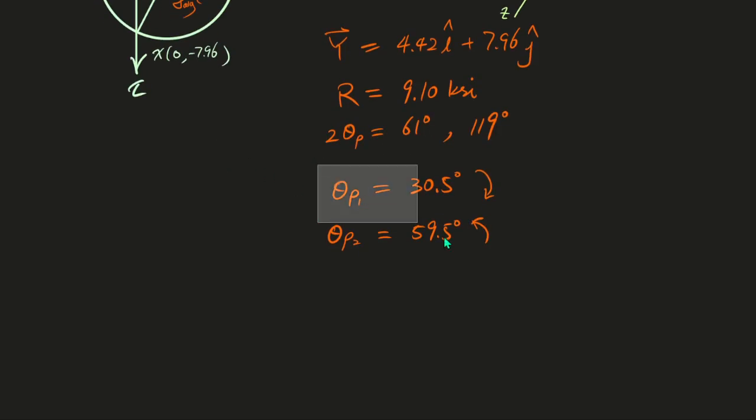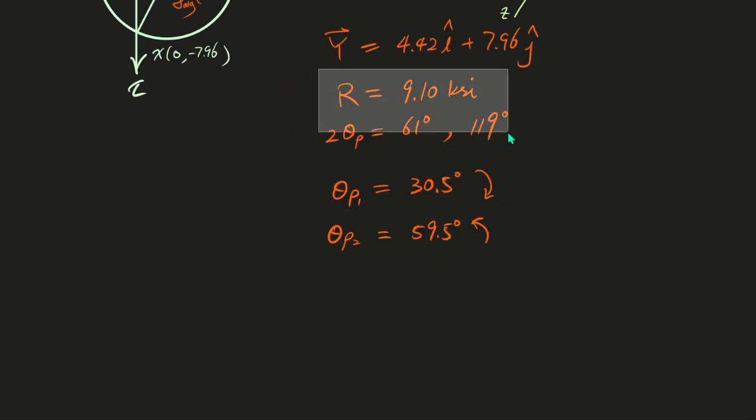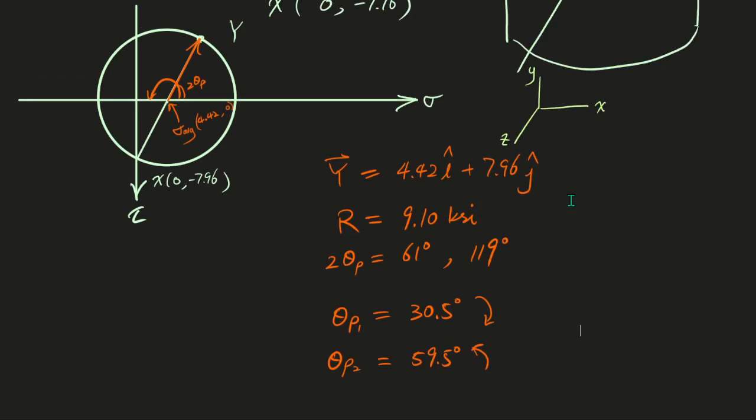And now I have the angles, I have my R. I'm still missing the maximum and minimum sigmas, so that's sigma max, because by looking at it, that's the maximum magnitude of sigma you can get, and that will be sigma min. Let me go back to my green.